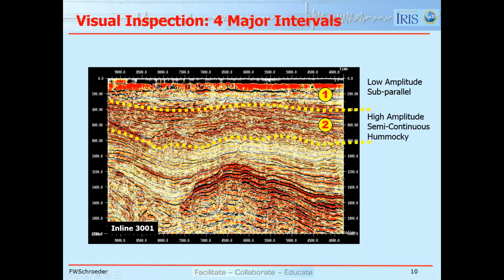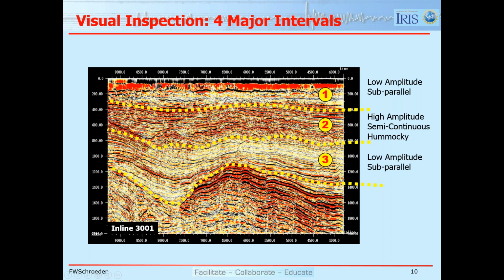Then we get into a second package, higher amplitude. These are not as continuous as some of the deeper ones are, so I would say semi-continuous. And in terms of the geometry, I would use the term hummocky. So it's not parallel, it's not subparallel. There's some thickening and thinning going on.